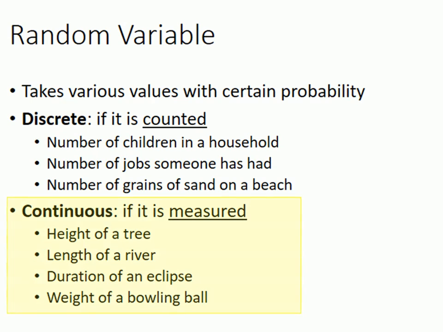Continuous random variables are measured, and they can be measured with any level of precision that we feel like using. So height, length, duration, weight, volume, these are aspects that are measured rather than counted, and so those would be continuous rather than discrete.